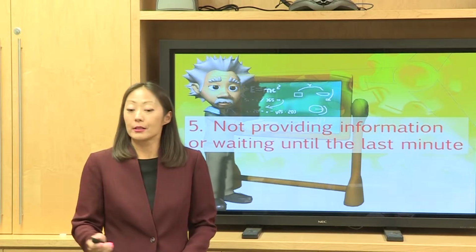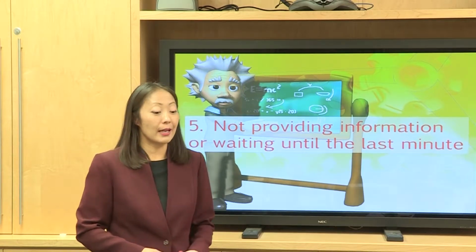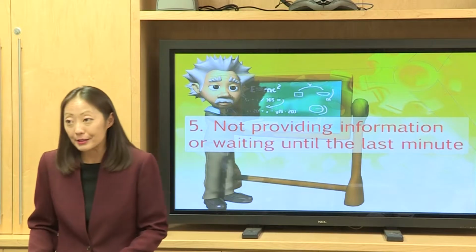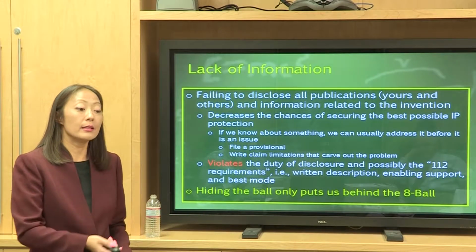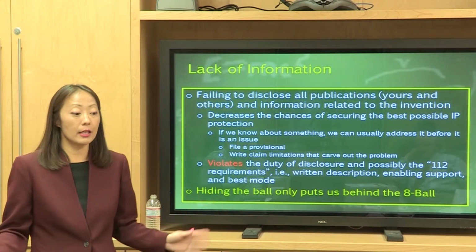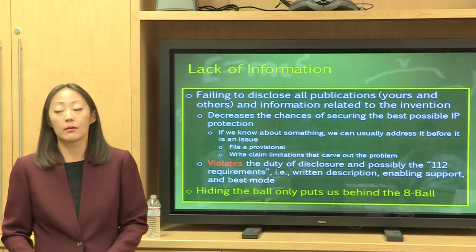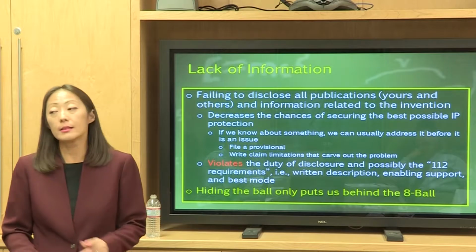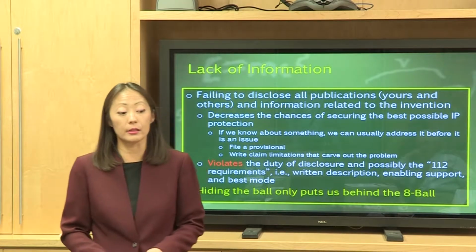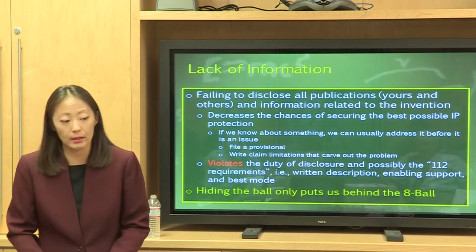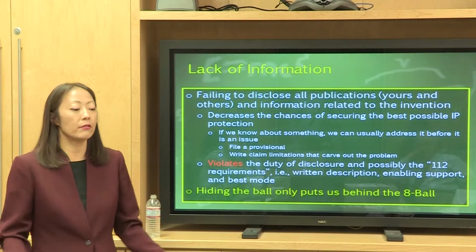So another type of mistake: not providing information or waiting until the last minute. Again, failing to disclose all publications, yours and others, related to the invention decreases the chances of securing the best possible IP protection. If we know about something, we can usually address it before it becomes an issue.